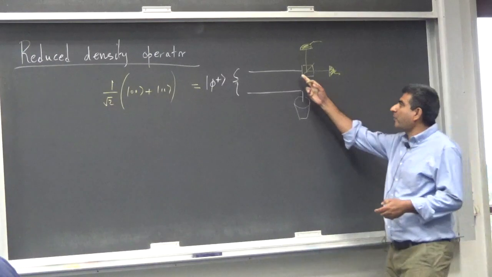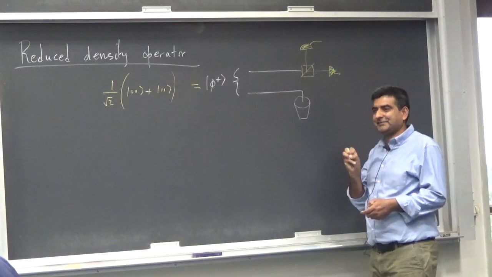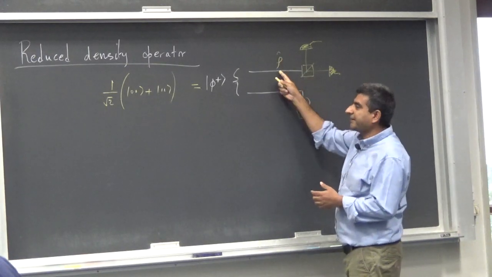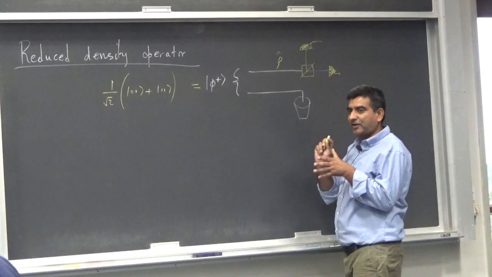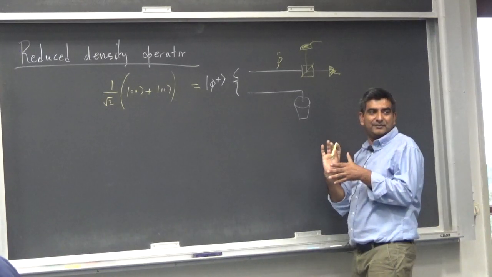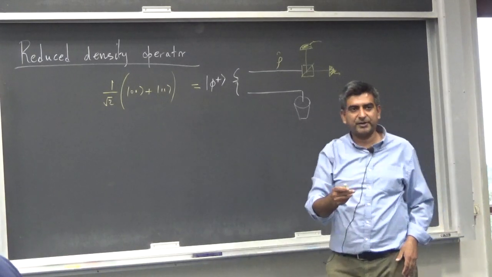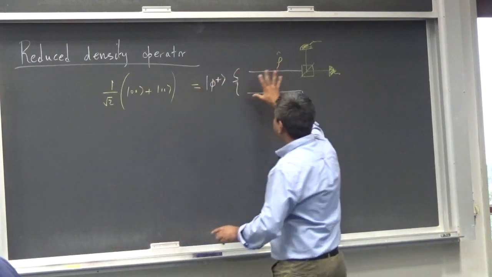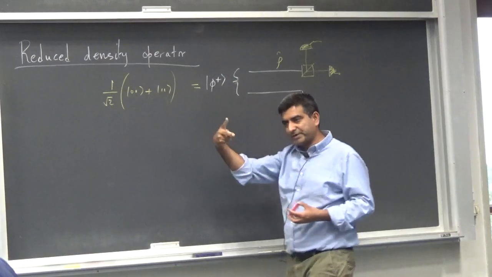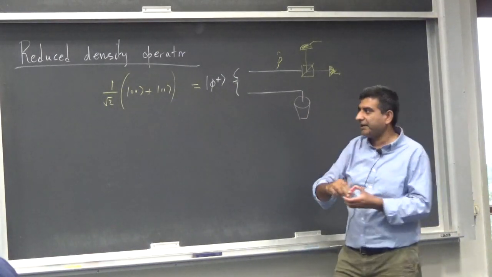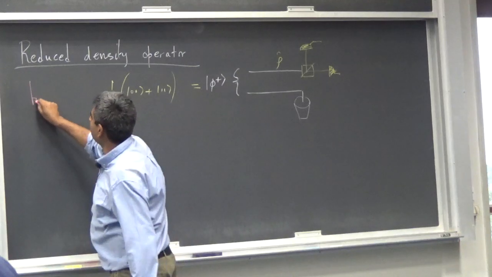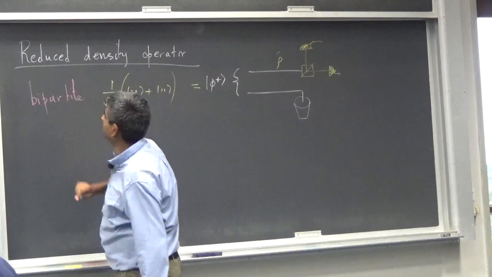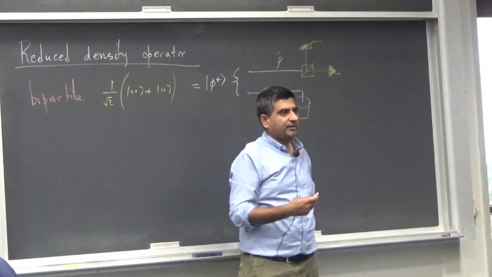So in order to describe what kind of state she gets, we'll have to use the concept of a density operator. In fact, the density operator of just her side of the story. And this is called a reduced density operator. So if I were to take this entire input quantum state, which is a 2-qubit state, which is bipartite. Bipartite is my name for a 2-qubit state, which has two parts, or a composite state.